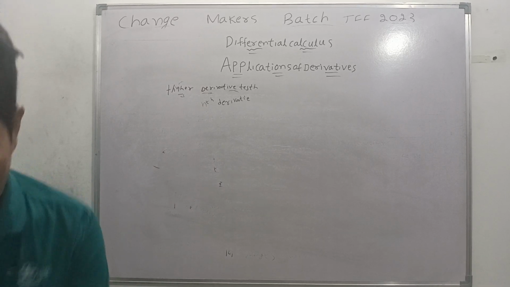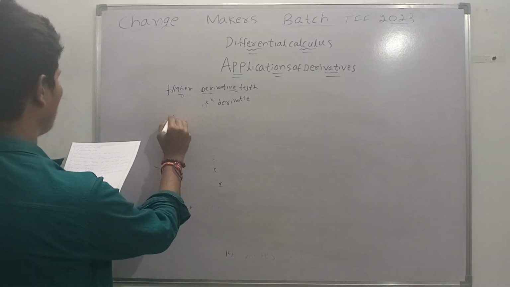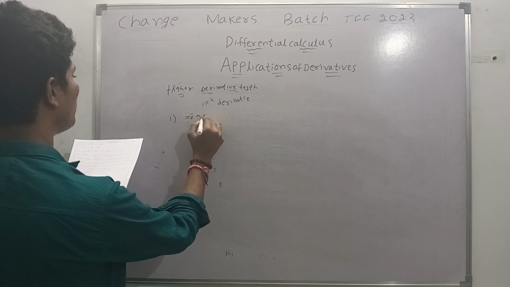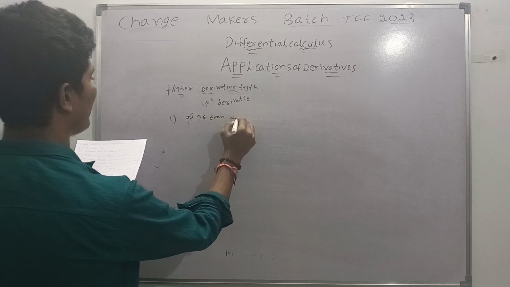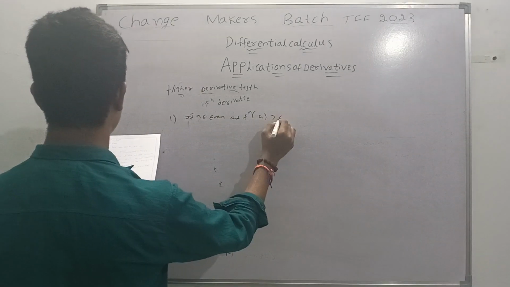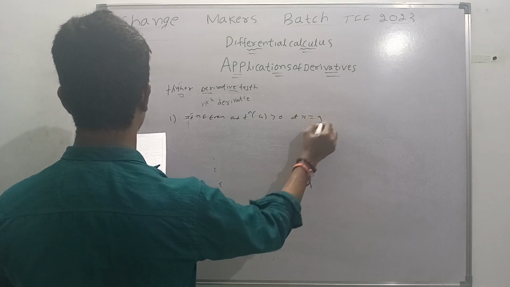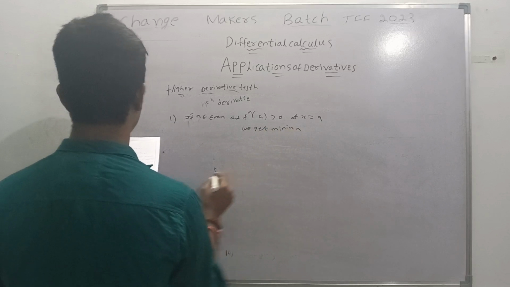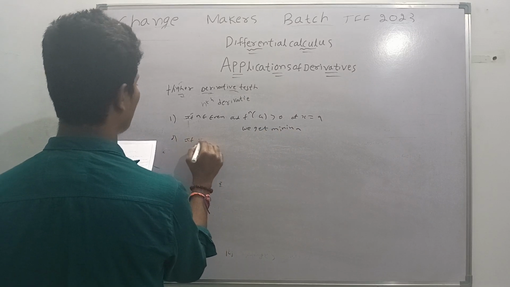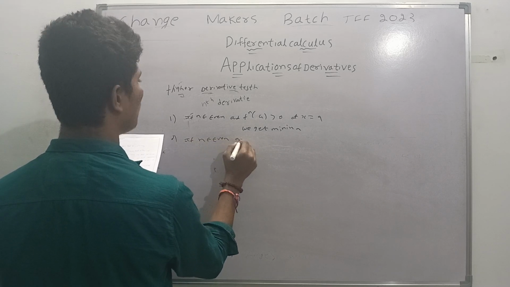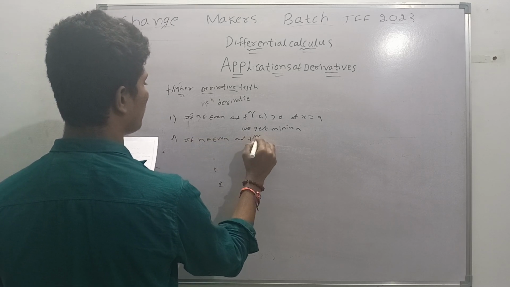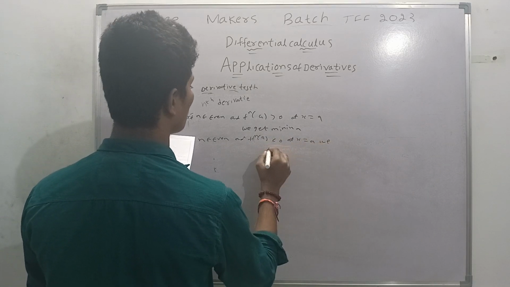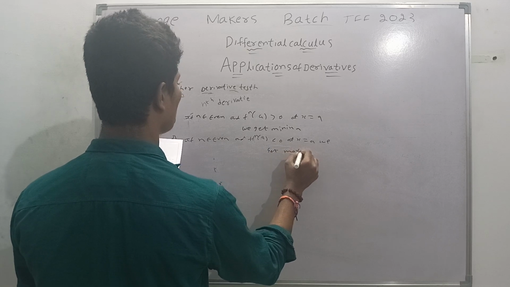basically in this we get four main things. First, if n belongs to even and f of n of a is greater than 0 at x equal to a, we get minima. And second, if n belongs to even and f of n of a is less than 0 at x equal to a, we get maxima.